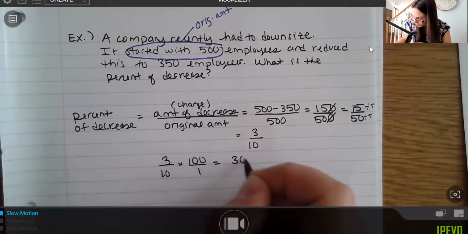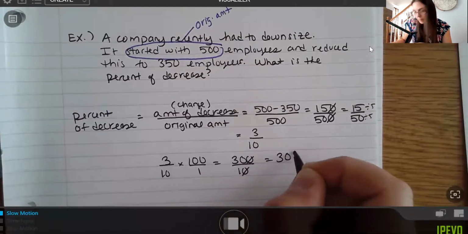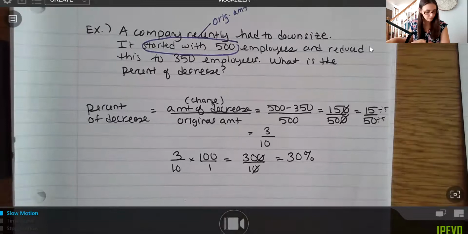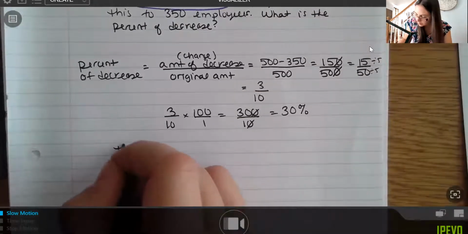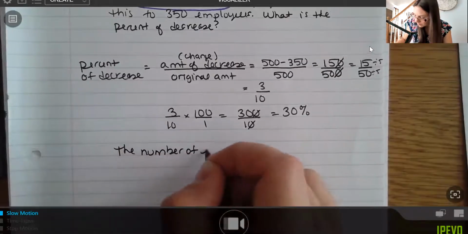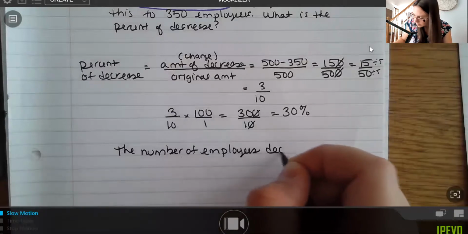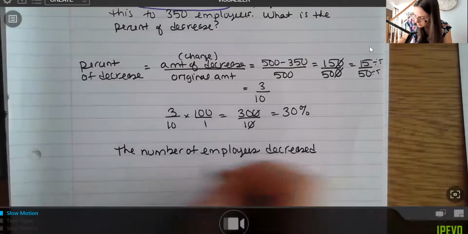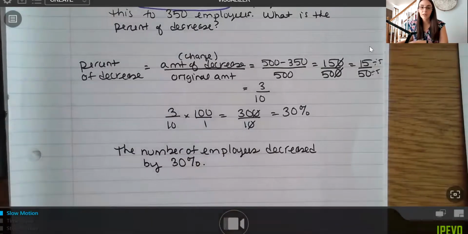So I have 300 over 10, which is 30. So the number of employees decreased by 30%.